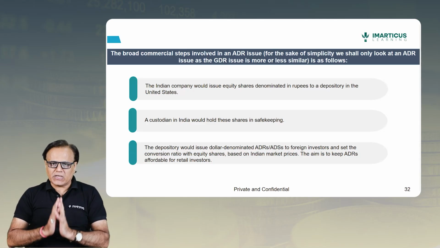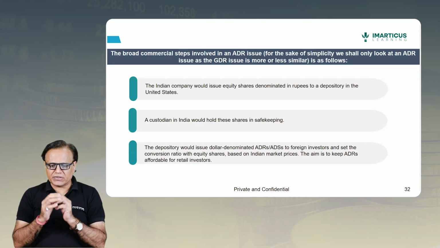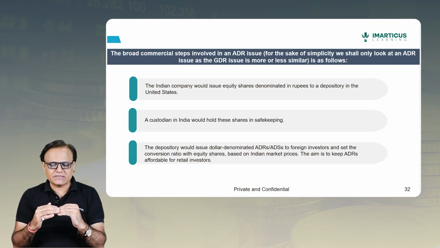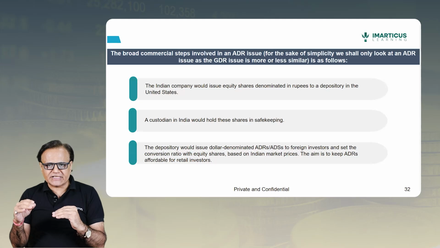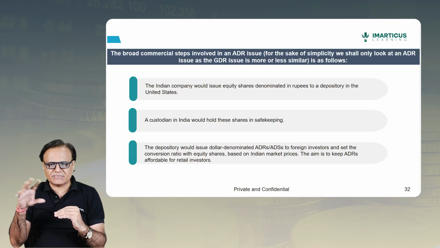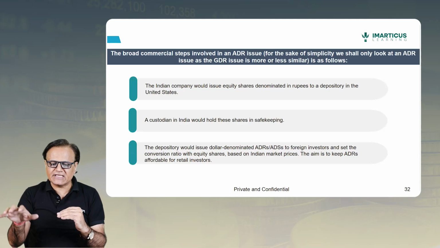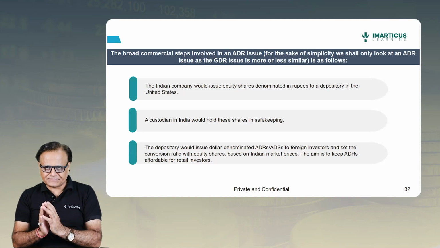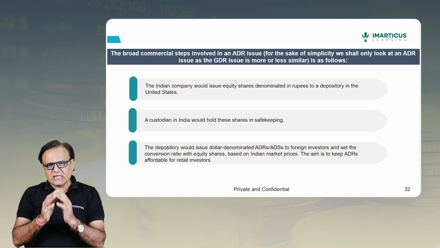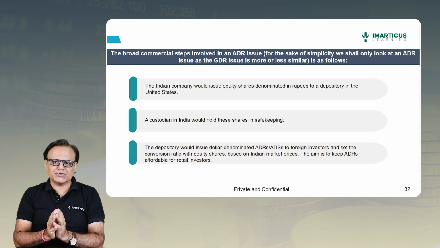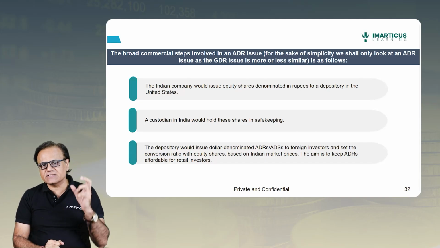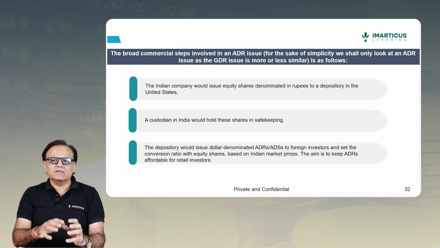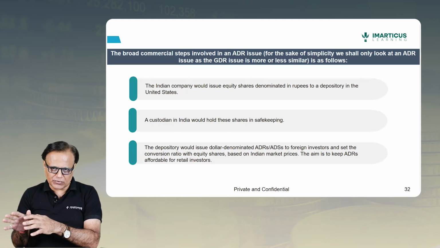So the way it works is that the Indian company would issue equity shares denominated in rupees to a depository. Let's say, just as an example, JP Morgan as the depository in the US, and a custodian in India. Now, what is a custodian? A custodian is an institution that safekeeps these securities for the issuing company or the shareholders, basically.